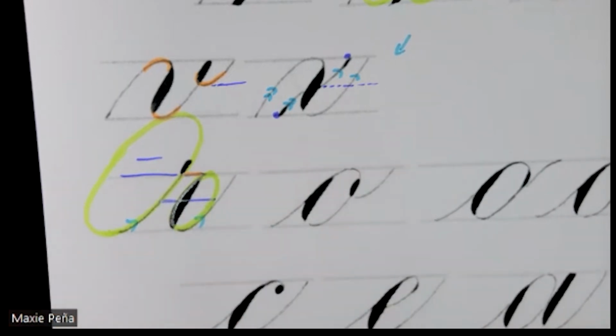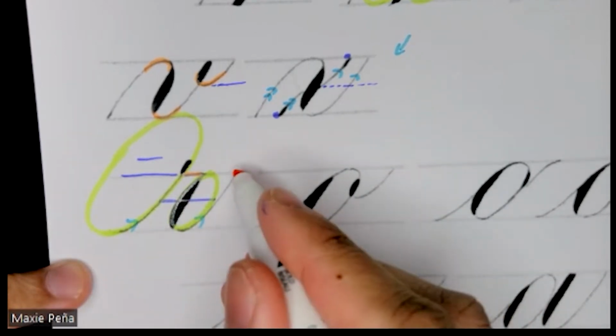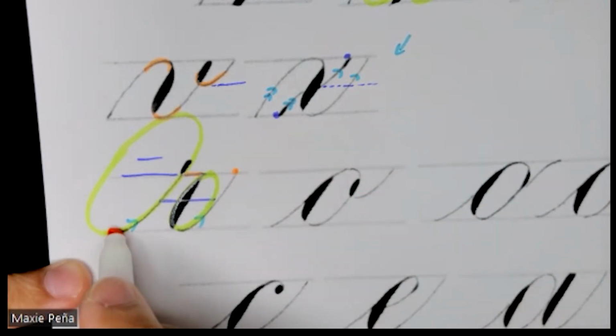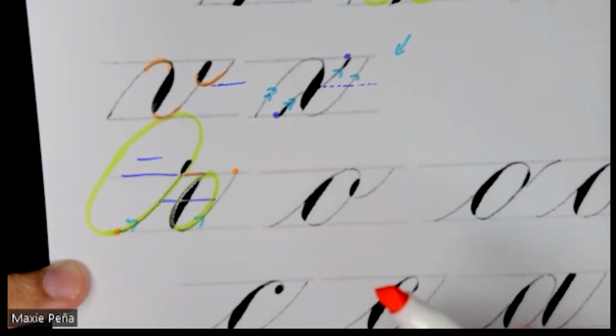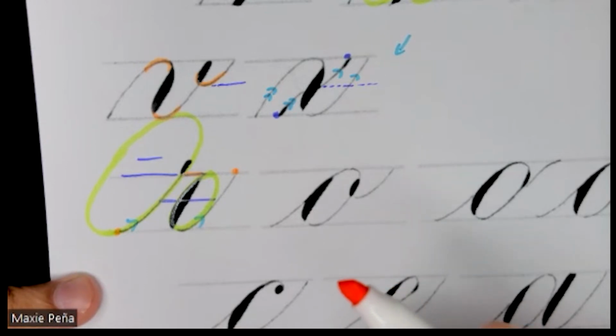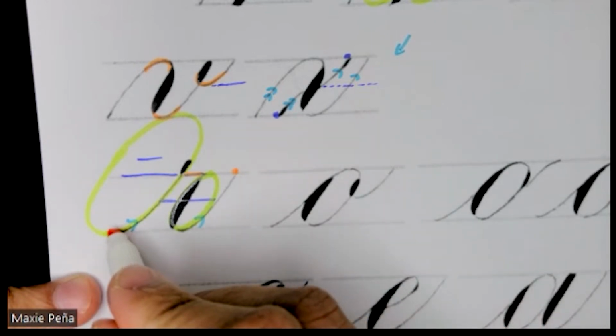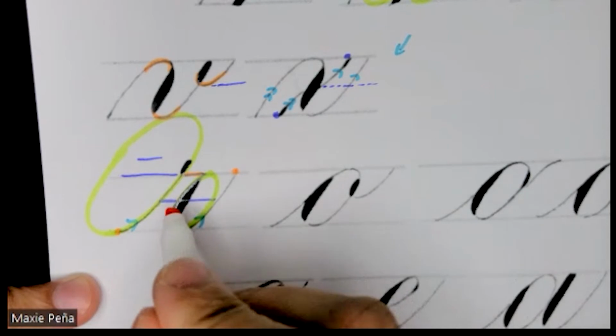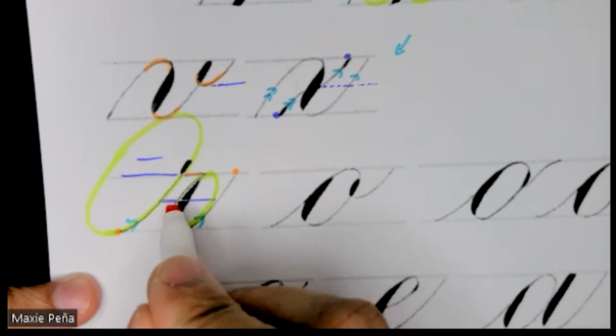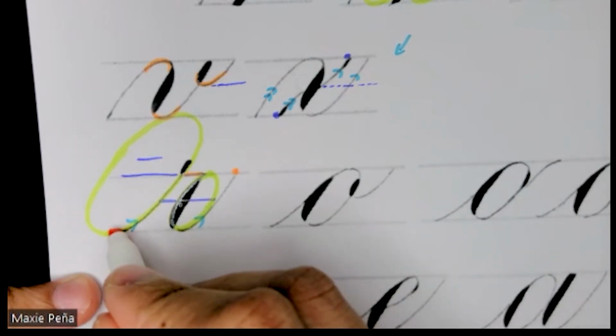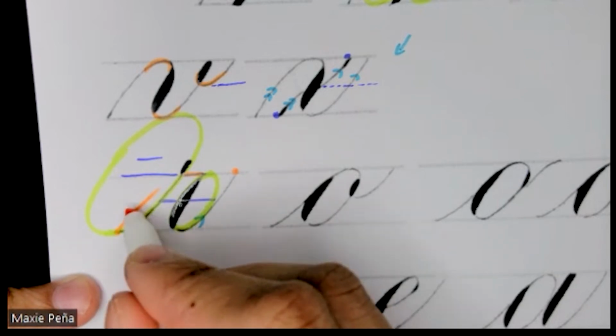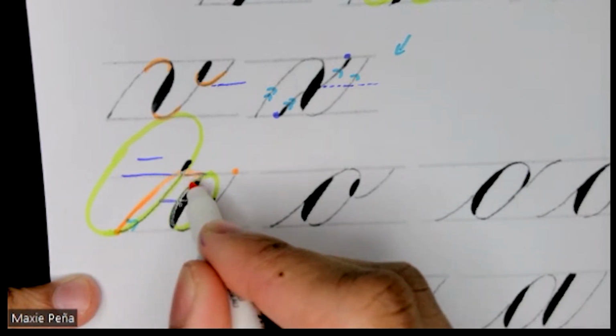The way I think about it, if this is my ending point and this is my starting point, can I superimpose a compound curve such that the shade actually falls in the middle of that compound curve? So something like this.